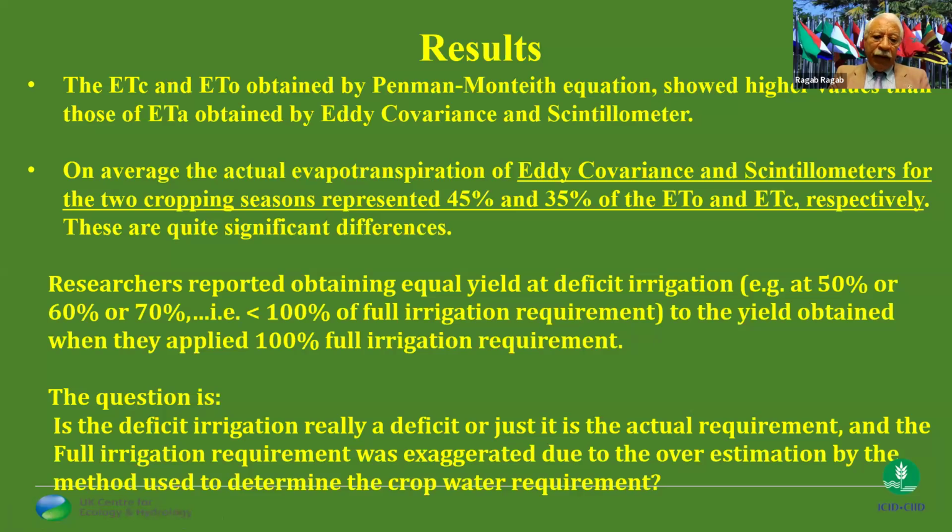So how can you obtain the same yield when you apply half of the water, the same as if you apply the whole water amount? That's what is so-called by some scientists deficit irrigation. Is it really deficit? That's the question. Is it really deficit, or is it just the actual requirement? And the full irrigation requirement was exaggerated due to the overestimation by the method used to determine the crop water requirement.